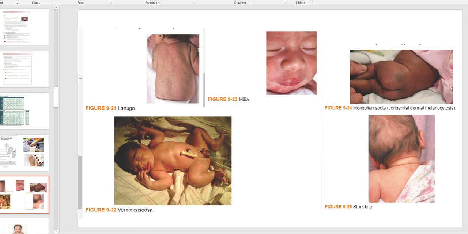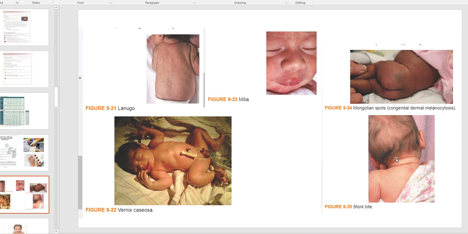Mongolian spots. This is melanocytosis, and this is just congenital. It's very much related to ethnicity. African Americans, Asians, Hispanics will see this more than the Caucasian race. Okay, stork bites.